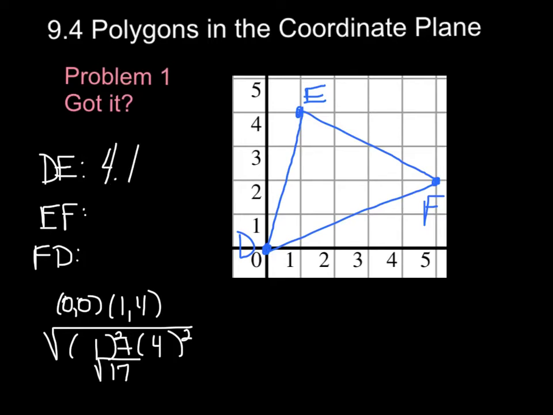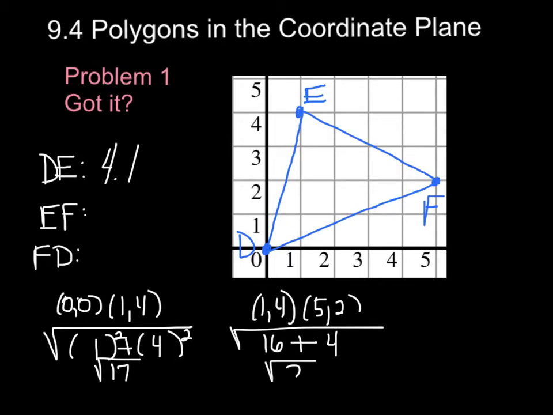So now we find the distance of E to F. That would be the point 1, 4 and 5, 2. So I'm going to subtract my x's, 5 minus 1, that gives me 4. 4 squared is 16. Subtract my y's, 2 minus 4 is negative 2. Negative 2 squared is 4. That gives me 16 plus 4, the square root of 20.